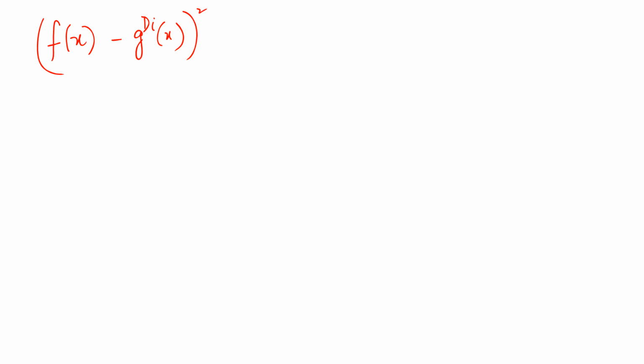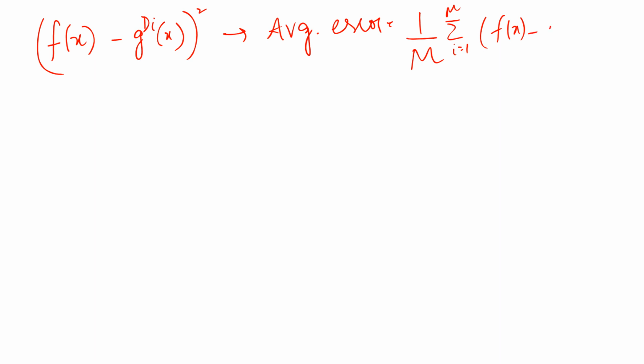So the average error is going to be, let me write the average, 1 over m, the number of data sets, the sum for i from 1 up to m of this term, f of x minus g D_i of x whole squared.